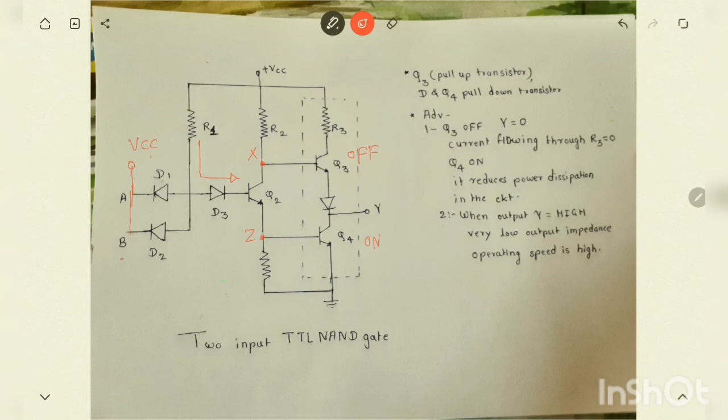As Q4 goes into saturation, the output voltage Y is pulled down to a low voltage, meaning here you are getting 0. So for A equal to B equal to 1, Y is equal to 0, the low condition.